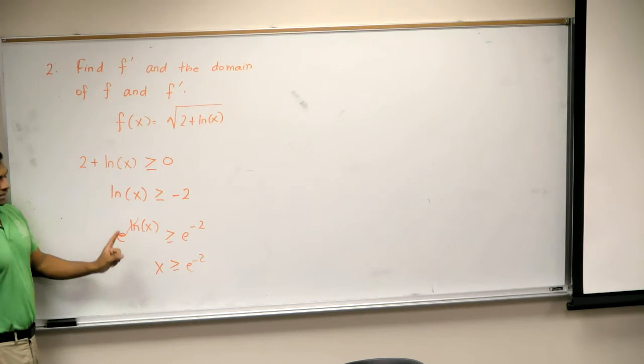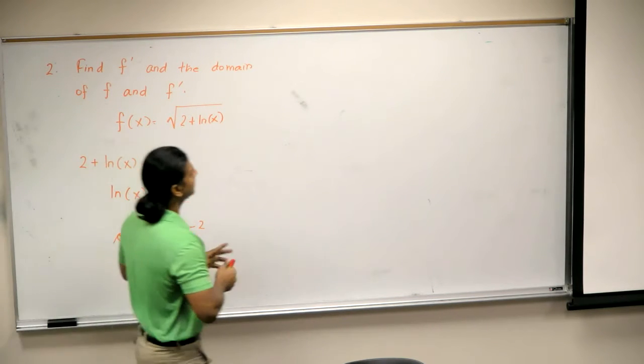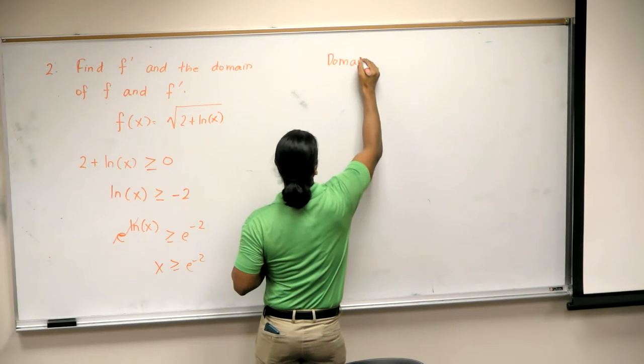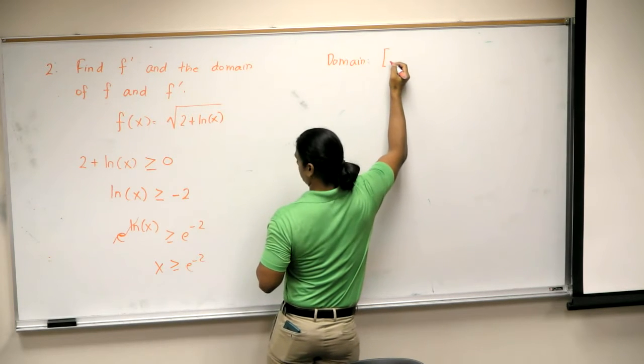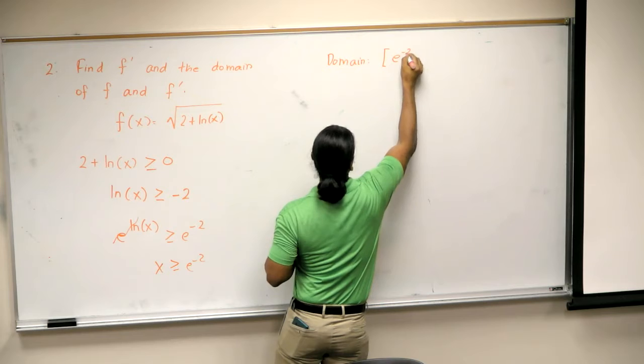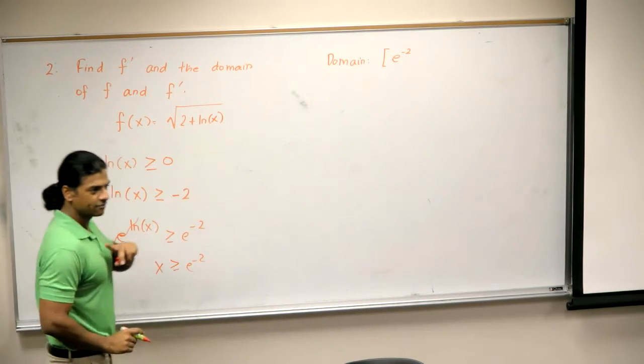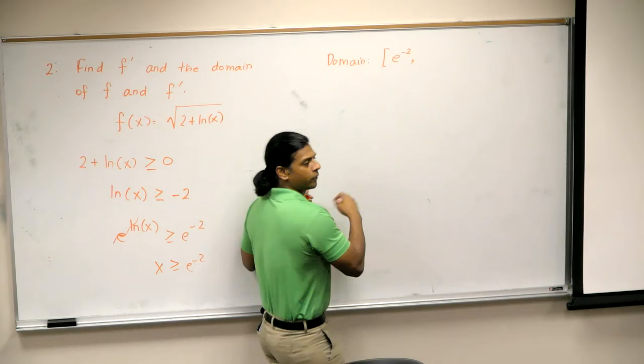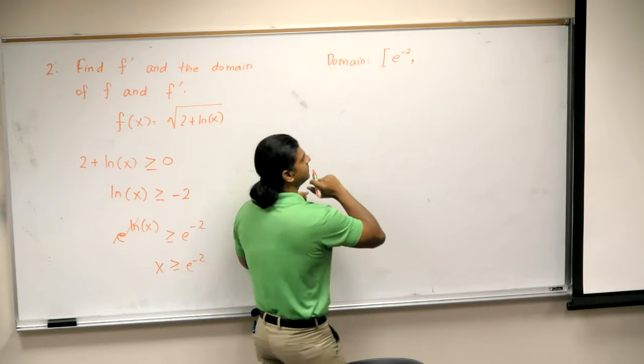Those values. So the smallest value of x that we can use is e raised to -2. What is the largest value?